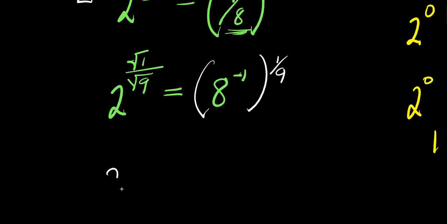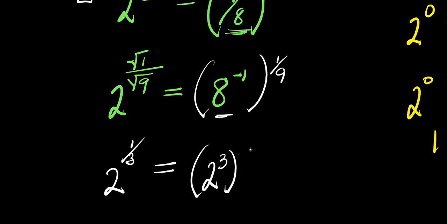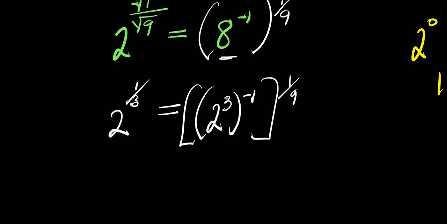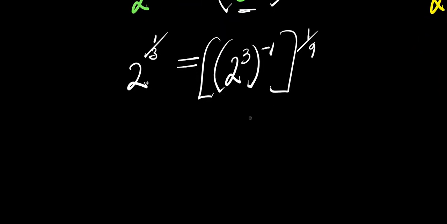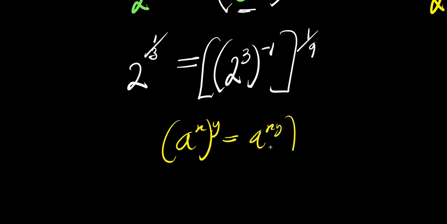So from here we have 2 power square root of 1 is 1 divided by this is 3 equals 8 is 2 power 3 raised to the power of negative 1. And this is raised to the power of 1 over 9. And remember, a power x to the power of y equals a power x times y. So let's multiply this out.